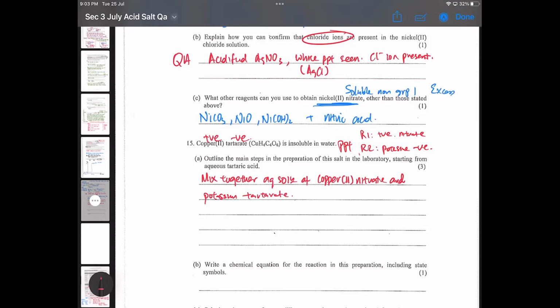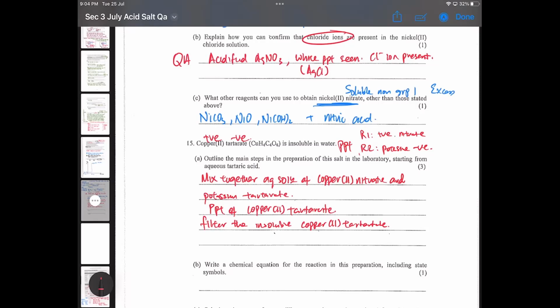So this is step 1, you mix them together. Step 2, we'll say that the PPT of copper-2 tartrate is formed. And then step 3, filter the insoluble copper-2 tartrate over here.